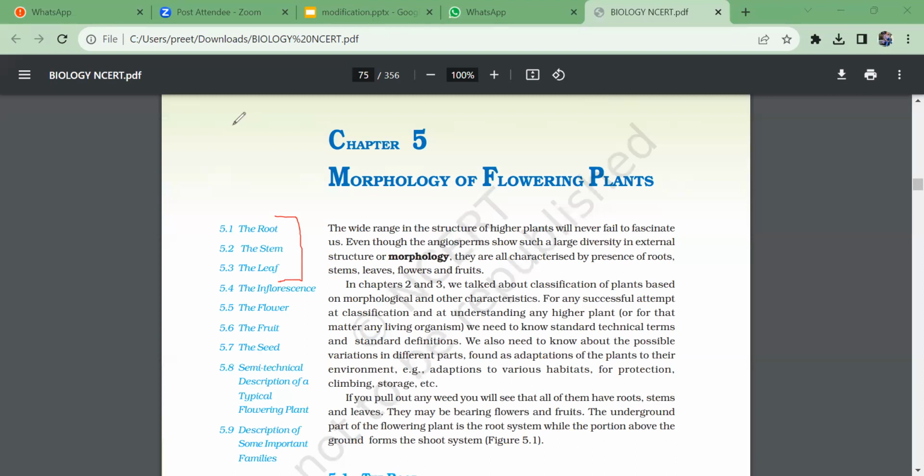In the plant kingdom we saw 5 divisions: algae, bryophytes, pteridophytes, gymnosperms, and angiosperms. Angiosperms were the only plants which produced flowers, and flowers were their reproductive organ.